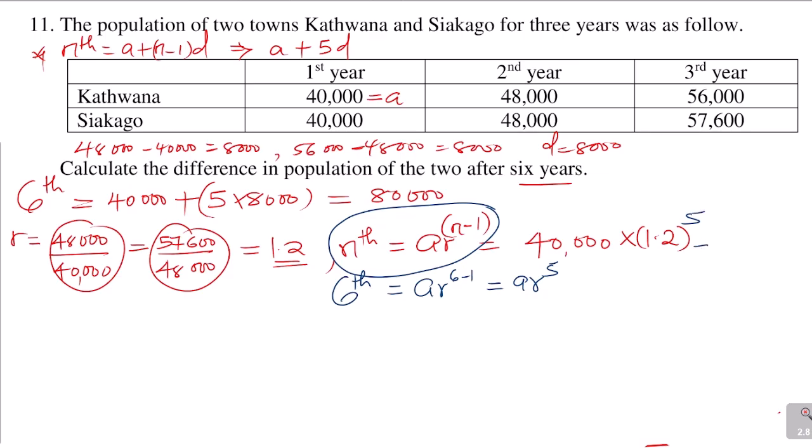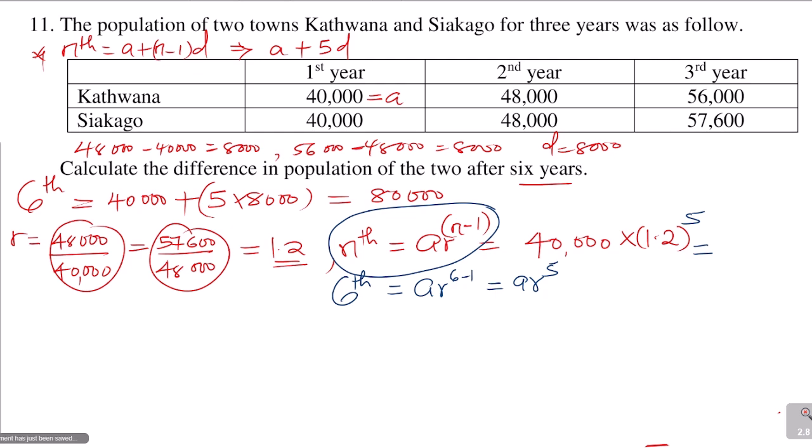So this is what is going to give us the population after 6 years for Siakago. For Siakago, this is a geometric progression. The first term is 40,000. The common ratio is 1.2. So we are getting the 6th term of this sequence.